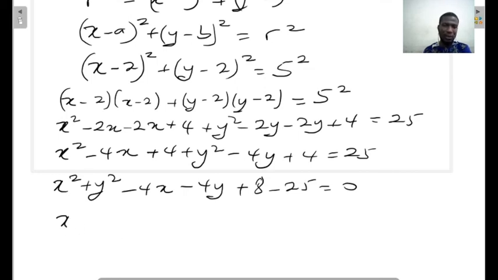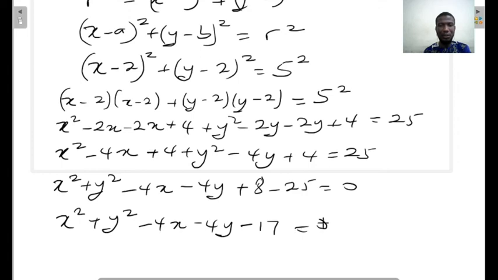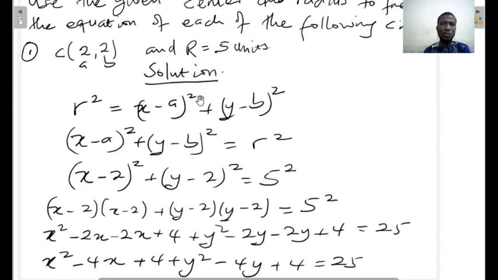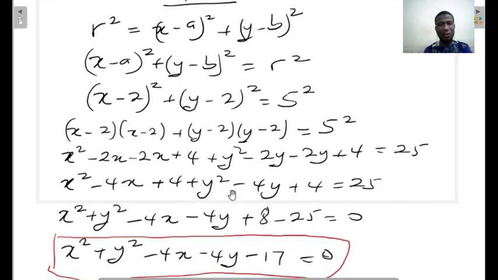And this will give us x squared plus y squared minus 4x minus 4y minus 17 equals 0. And this becomes the equation of our circle with center (2, 2) and radius 5 units.